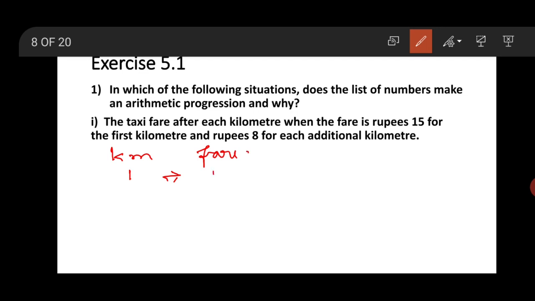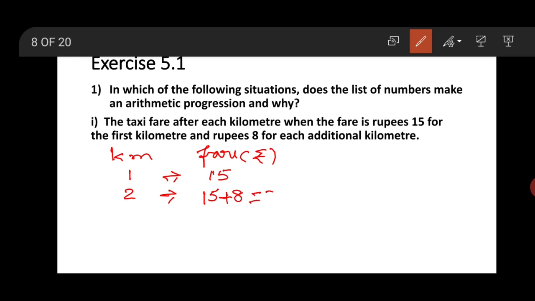Rupees 15. Then for the next kilometer, what is the total fare? It is 15 for the first kilometer and 8 rupees per kilometer, so add 8 to this.